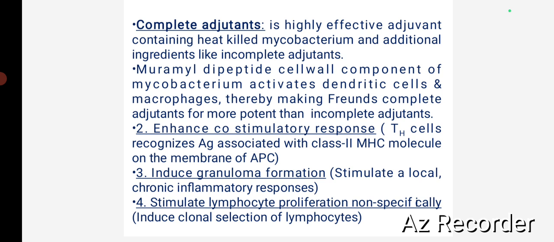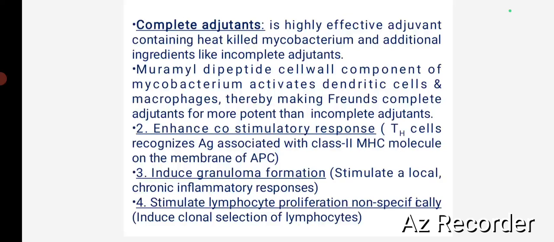These things combined with the heat-killed mycobacterium are used in complete adjuvants. Here muramyl dipeptide, a cell wall component of mycobacterium, activates the dendritic cells and macrophages, thereby making Freund's complete adjuvant more potent than incomplete adjuvant. Here we are comparing incomplete and complete adjuvant. Compared to incomplete adjuvant, complete adjuvant is more potent.